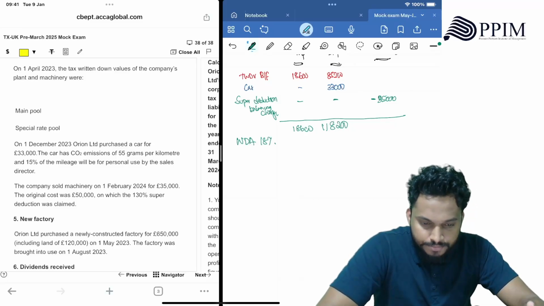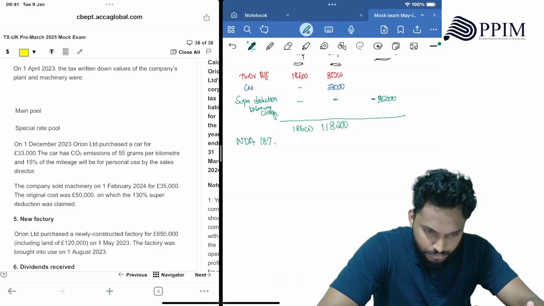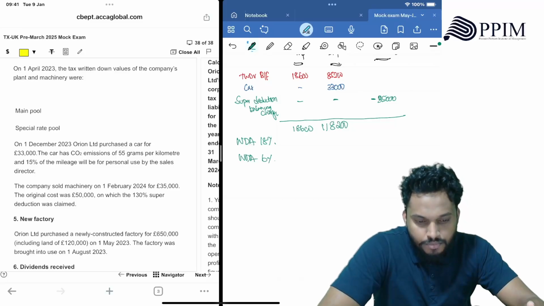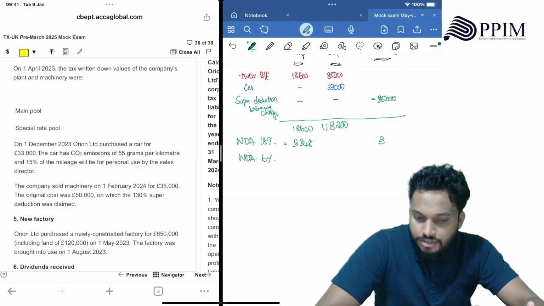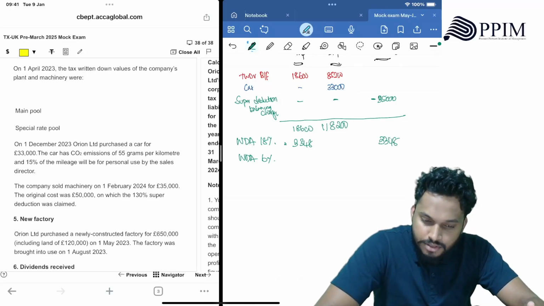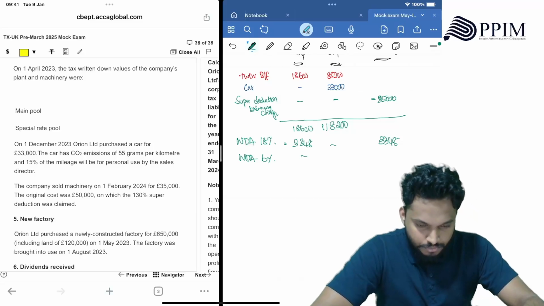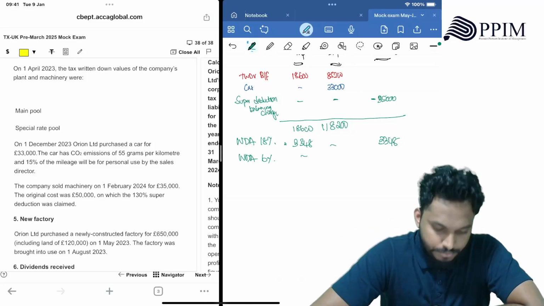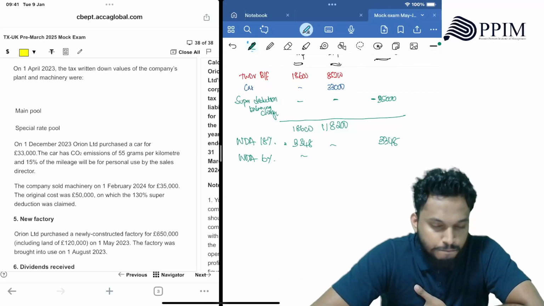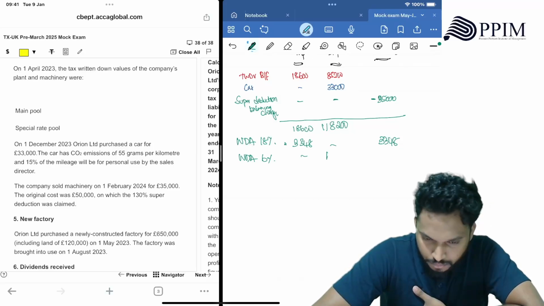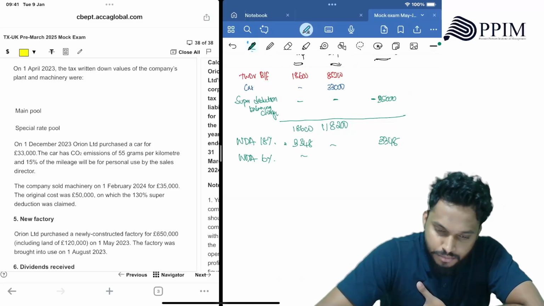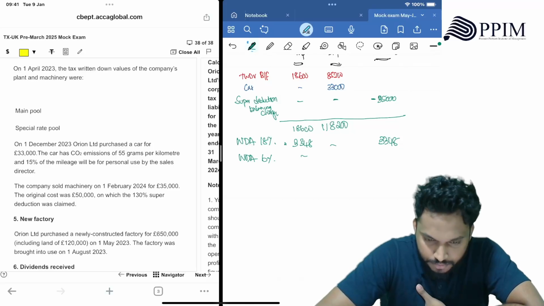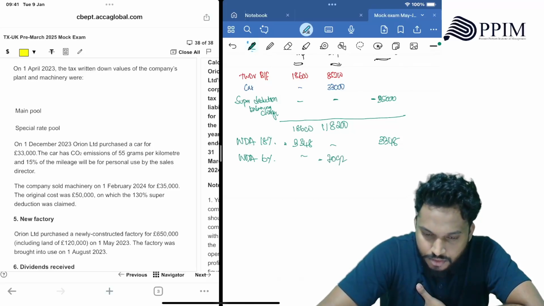So that will be 3,348. That is the allowance, 3,348. And for the special rate pool at 6%, 118,200 into 6% is 7,092.